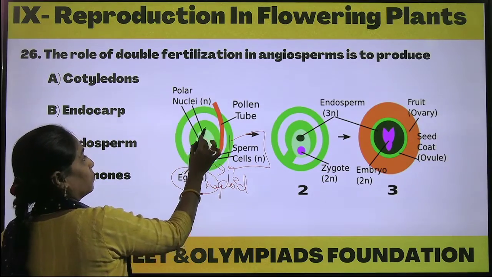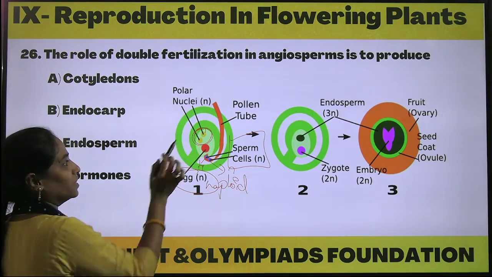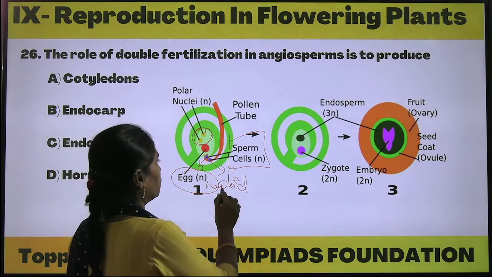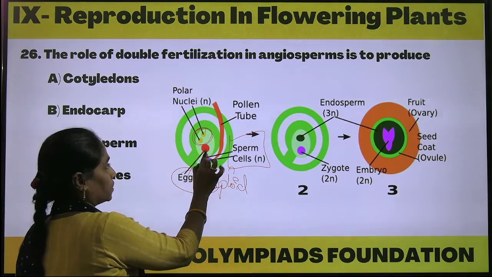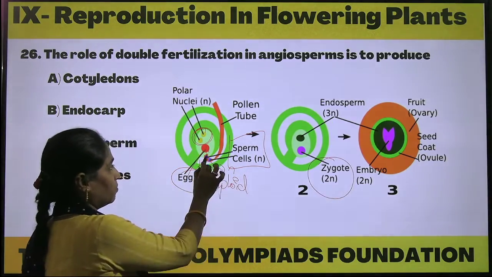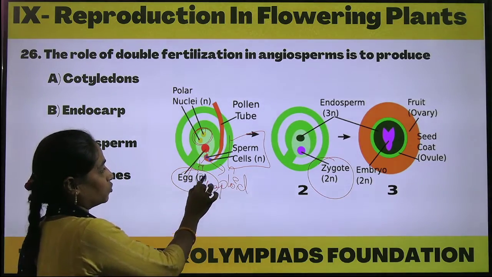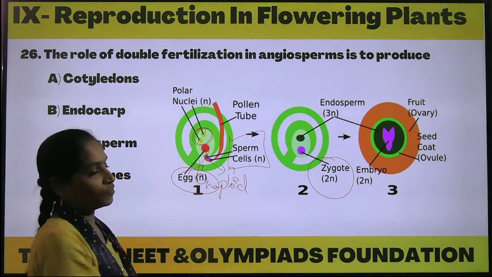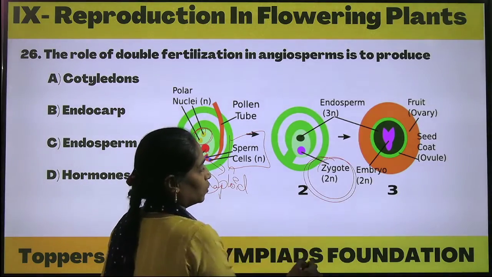Each is N, but comparing with these remaining ones, the central cell is diploid in nature. Okay, so after that, first we can observe the fusion of the egg cell with the first sperm cell forming the zygote. Okay, the N chromosomes of the sperm cell and the N chromosomes, nothing but the N nucleus present in the egg cell. Each of these is haploid in structure and they form the diploid zygote.